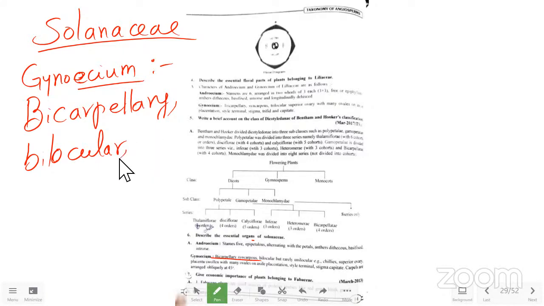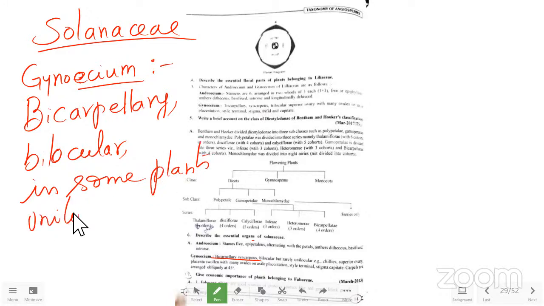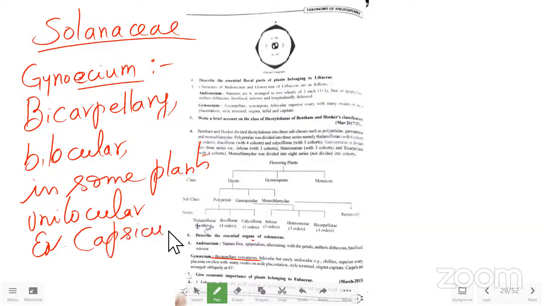Rarely, in some plants it is unilocular. Example, capsicum, that is chili. In the chili, only one single locule will be present. That is a unilocular ovary. In some plants it is unilocular. Example, capsicum.